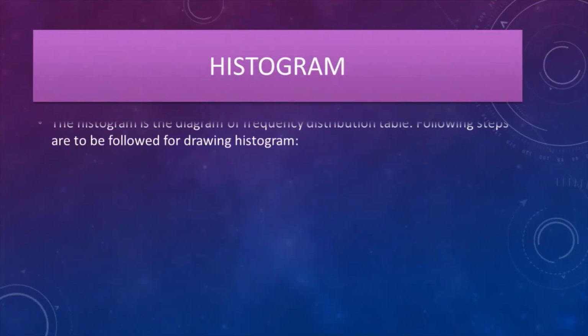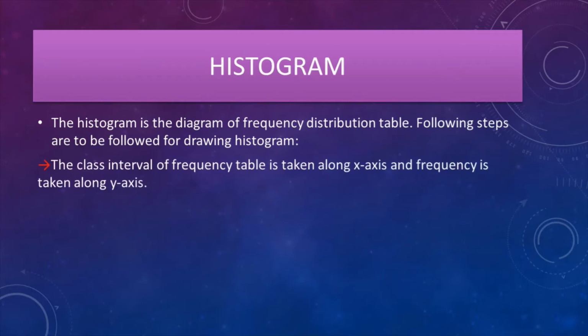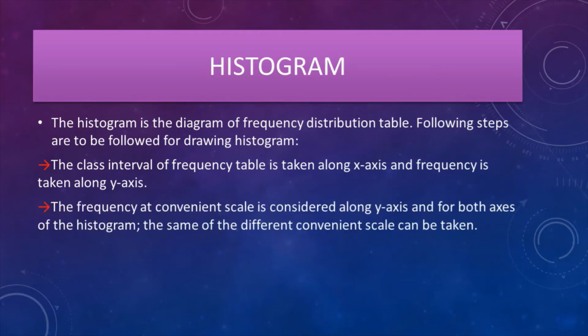After that, histogram. The histogram is the diagram of a frequency distribution table. The following steps are to be followed for drawing a histogram. Number 1, the class interval of the frequency table is taken along the x-axis and frequency is taken along the y-axis.